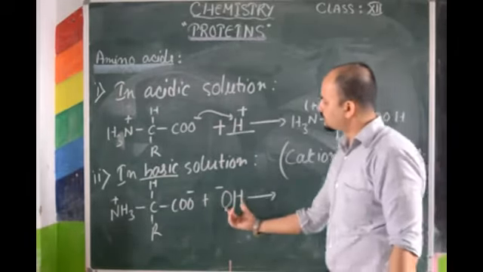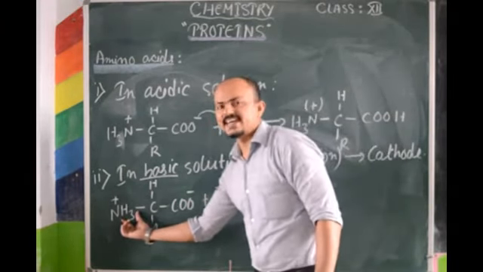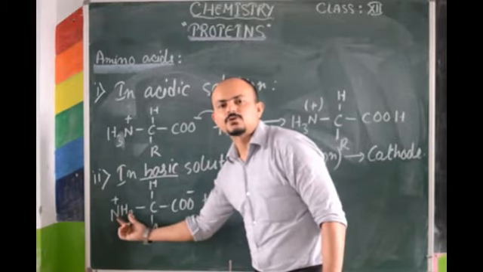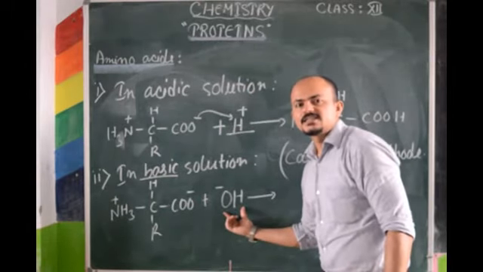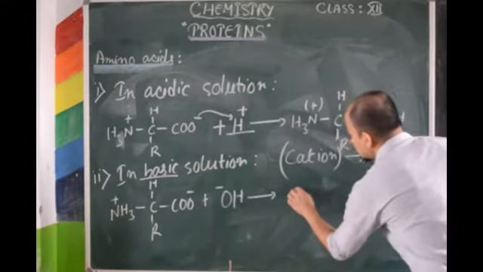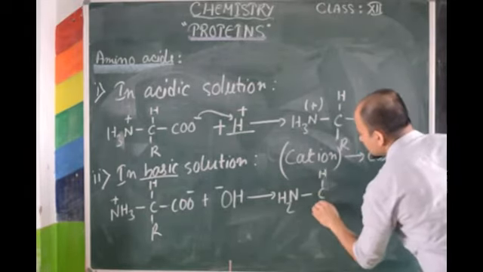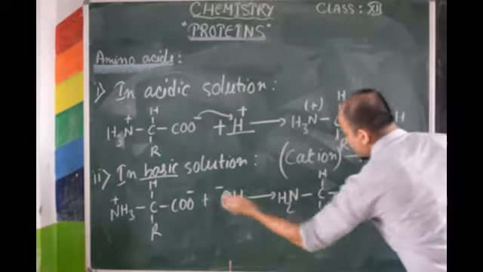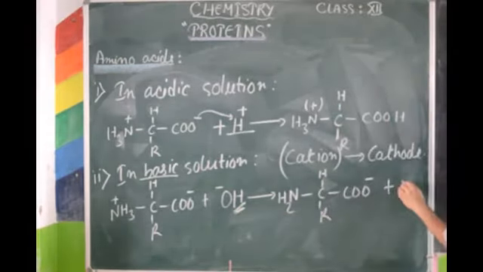Now this OH minus ion will abstract a proton from this NH3 part. So this NH3 part will provide one of its protons to this OH minus, which converts into a water molecule. As a result, you will have NH2 CH R COO minus, and the OH that has combined will give you a water molecule.